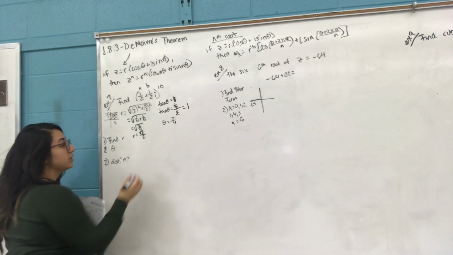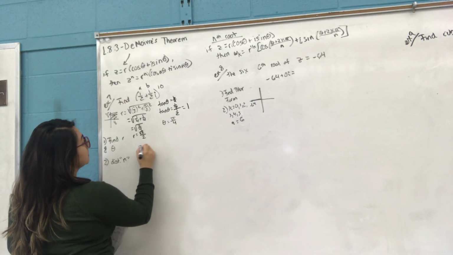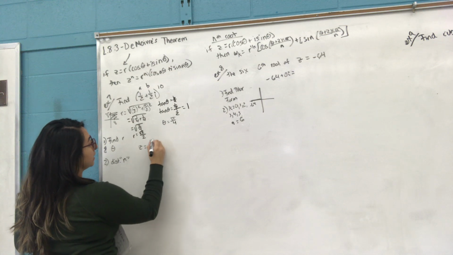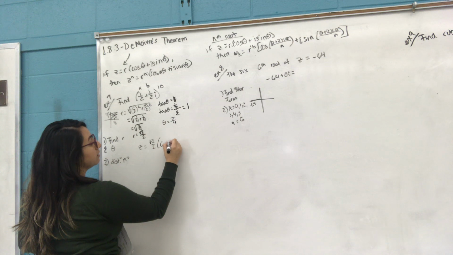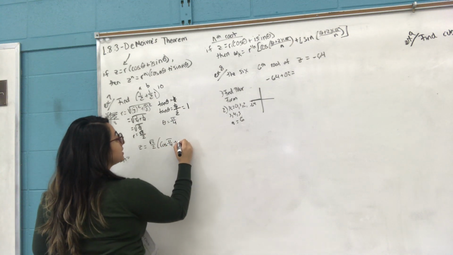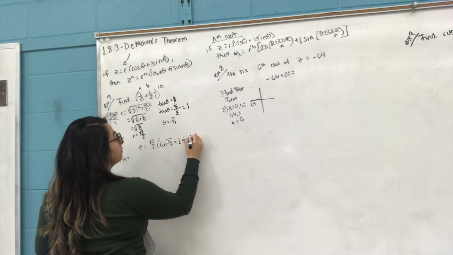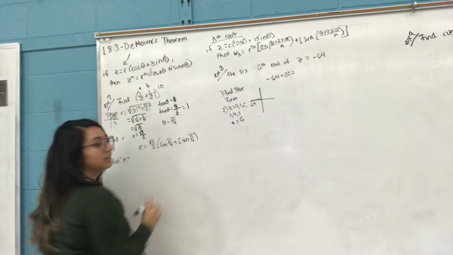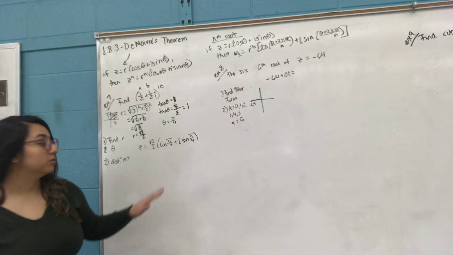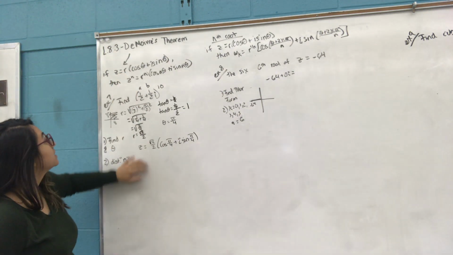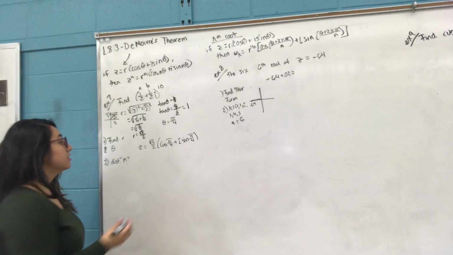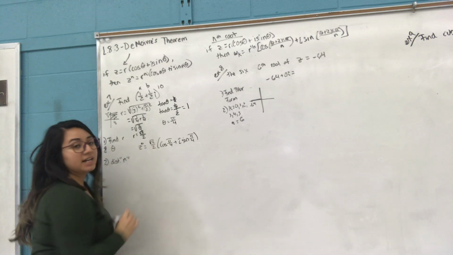So my whole equation is z is equal to r, which is radical 2 over 2, times the cosine of pi radians over 4 plus i sine pi radians over 4. Don't forget the i after the sine, because remember, it's polar form. So now this is my polar coordinate. According to this, it's to the 10th power, so it's as if we were adding a 10 on top.